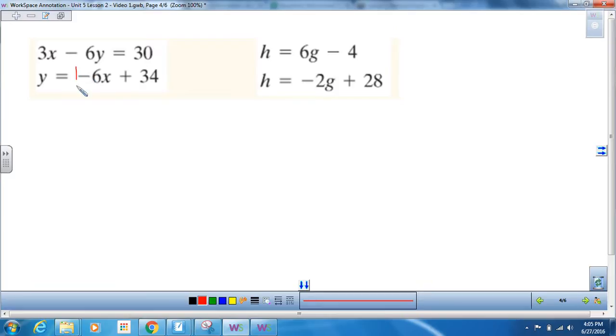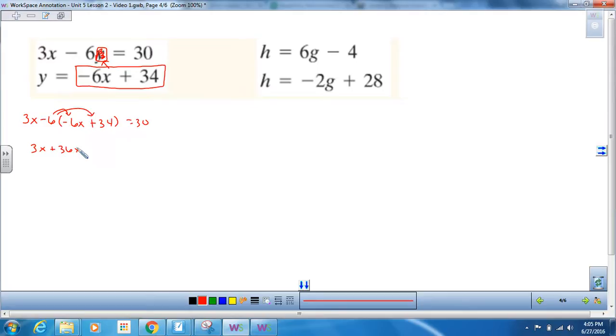So it's the second one again that has the y equals or x equals by itself. And it's y, so I'm going to plug that in for y. You can have x by itself as well. Okay, so I have to be careful here. I'm distributing negative 6. So negative 6 times negative 6 is 36x.